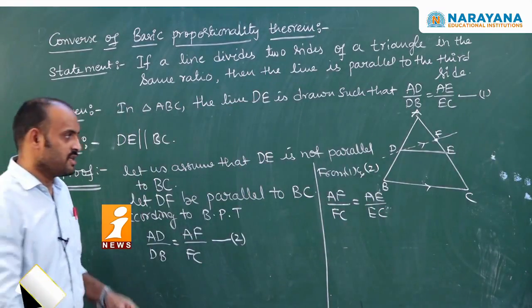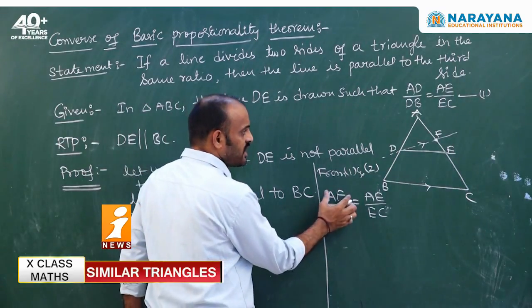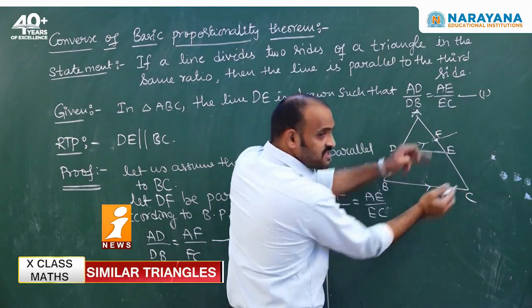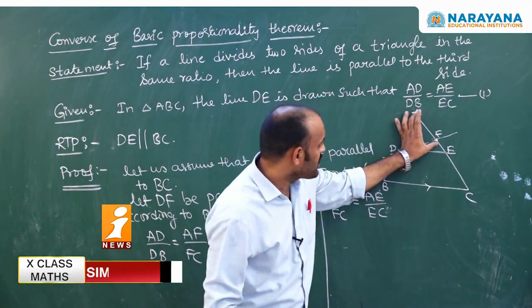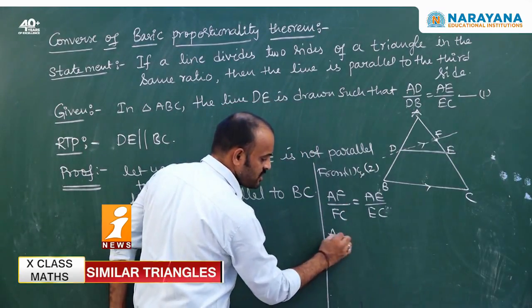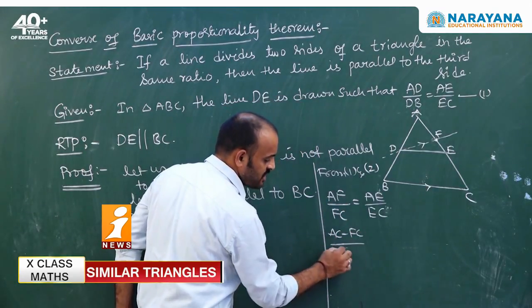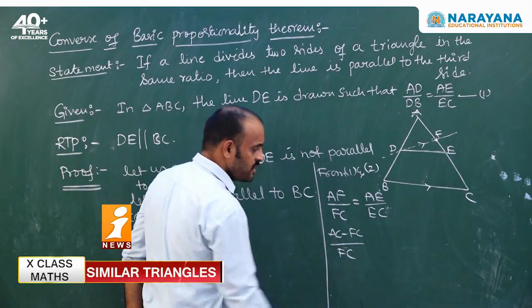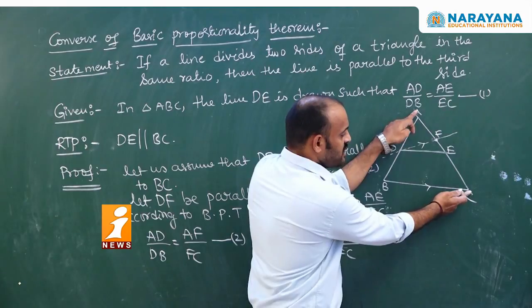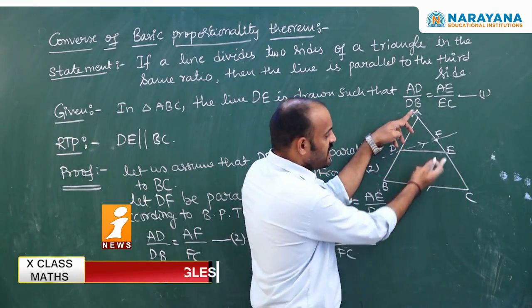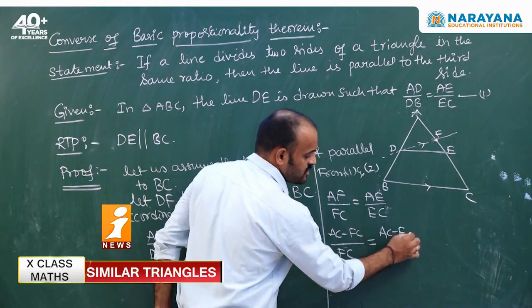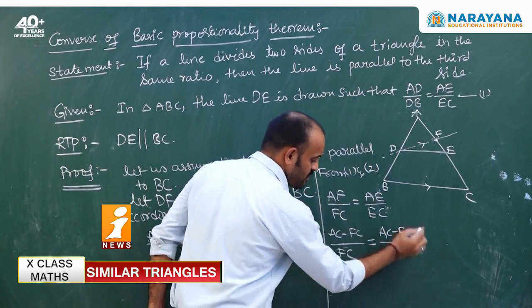If you observe, can I write AF as AC minus FC, and AE as AC minus EC? So AC minus FC by FC is equal to AC minus EC by EC.